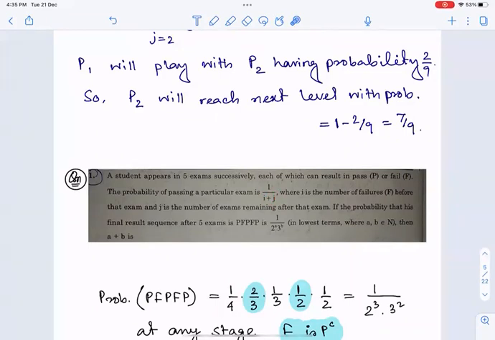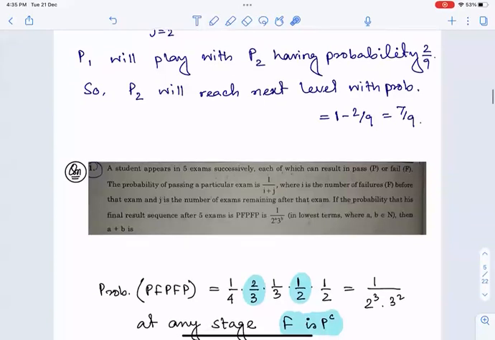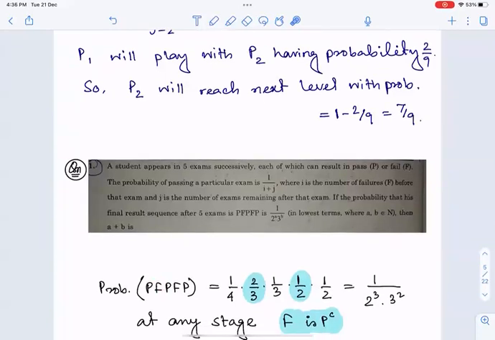So the probability of passing is 1 by 3, and the probability of failing will be the complement, 2 by 3. Now, when we already have a pass and a fail, the probability of passing in the third round: i has become 1 and j has become 2, as after the third examination there will be 2 more examinations. So j is 2, i is 1 now, so the probability of passing is 1 by 3.